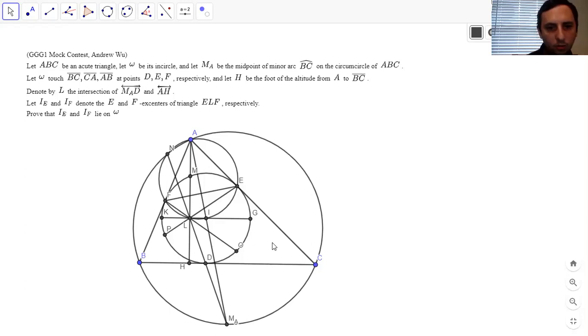So yeah, I see that ELI is OLI. Maybe it's just an angle chase because OLI is 90 minus OLH, which is 90 minus FLA, which is 90 minus ELA. Yeah, so I think that solves it, right? But how do we show the arcs are equal, not just the angles?